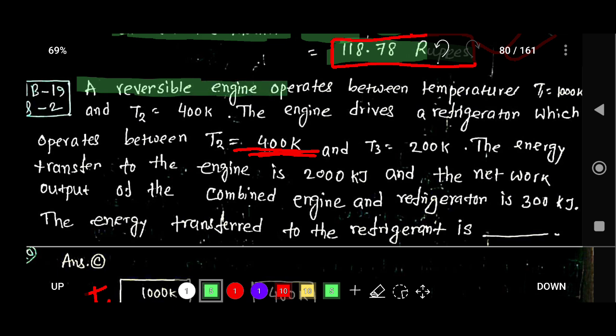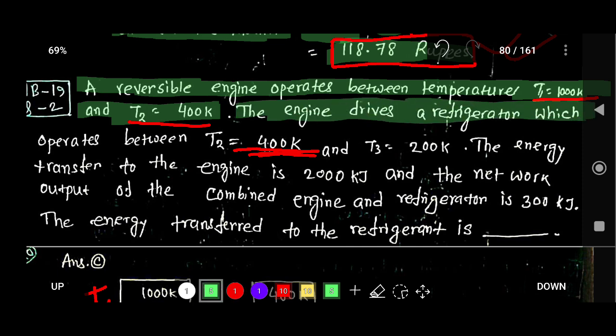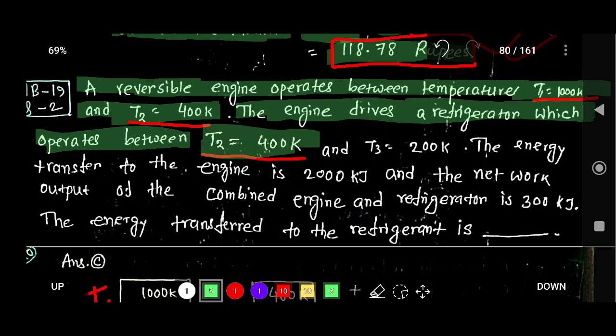A reversible engine operates between temperature T1 that is equal to 1000 Kelvin and T2 that is equal to 400 Kelvin. The engine drives a refrigerator which operates between T2 that is equal to 400 Kelvin and T3 that is equal to 200 Kelvin.